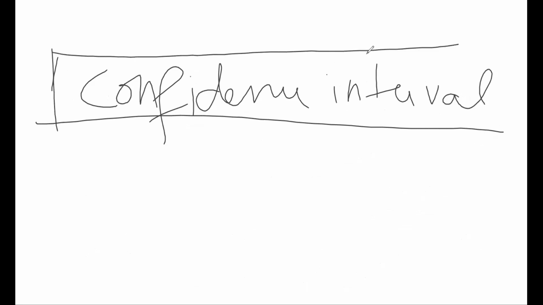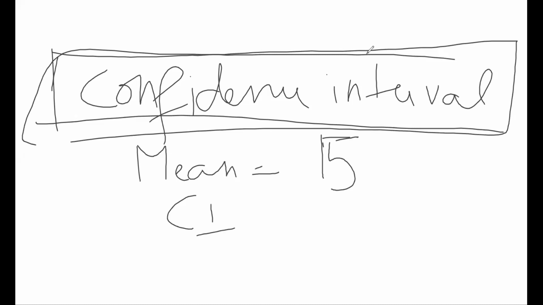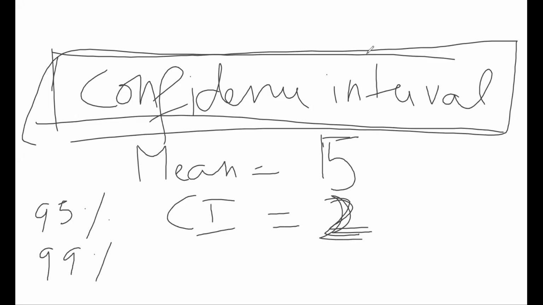Confidence interval means that suppose we have said the mean of our sample is 15, and we are saying our confidence interval is 2. And for this confidence interval of 2, we have to tell at what confidence level. Usually it is 95% confidence, or it can be 99% confidence, or 90% confidence.